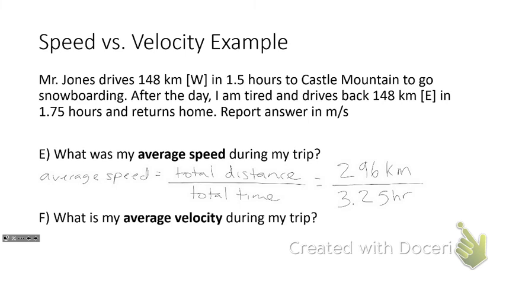So 296 divided by 3.25 gives my average speed to be 91 kilometers per hour, divided by 3.6 gives me 25 meters per second. V average.